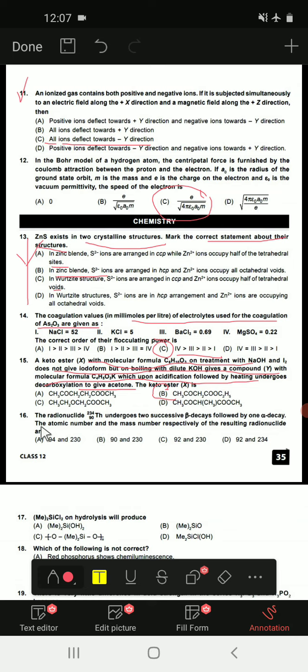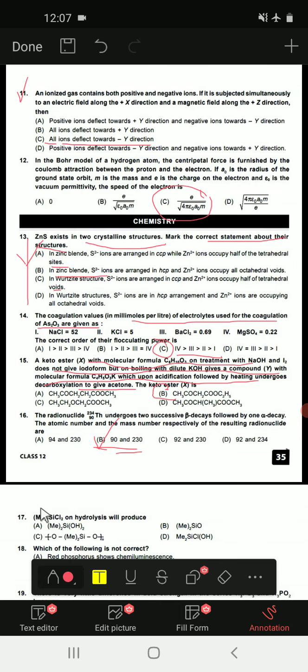So an alpha particle is ejected, and two beta followed by one alpha. Do the calculation and you will get the answer. The correct answer option is 90 and 230. After that, we have question number 17.